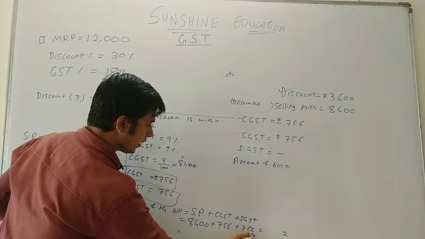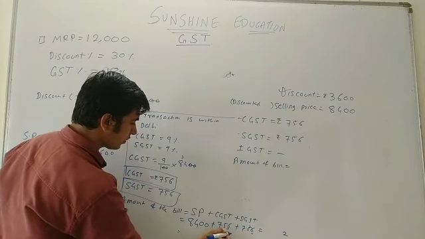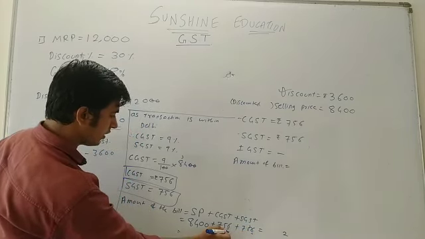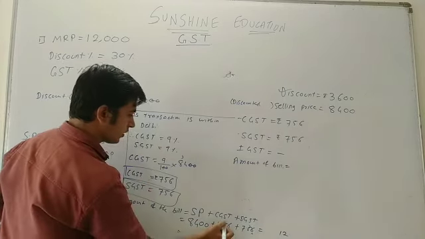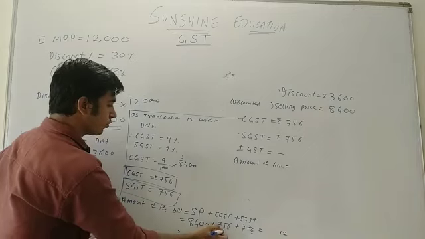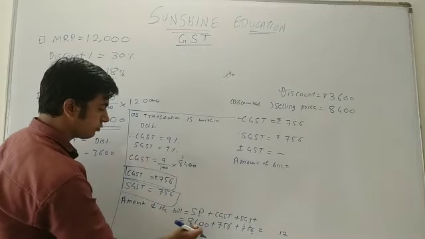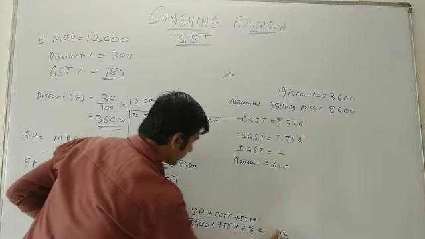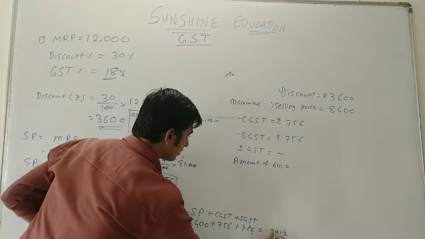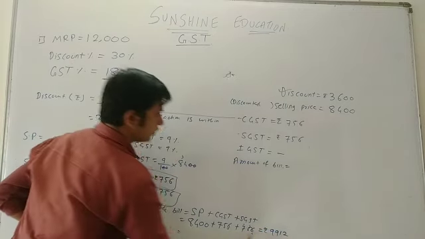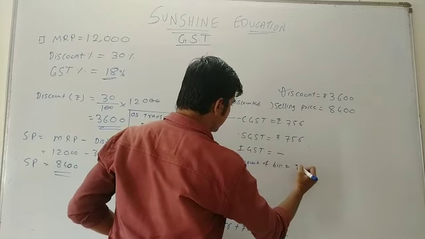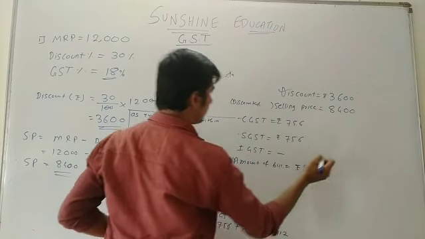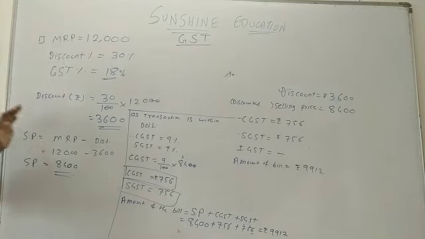So 2, carry 1. 5 plus 1, 6, 6 plus 5 is 11, so 1 and 1 carried. 7 plus 7, 14 plus 1, 15, 15 plus 4 is 19. So it is 9,912 rupees. The total amount of the bill is rupees 9,912. So this was the first sum of your textbook of GST.